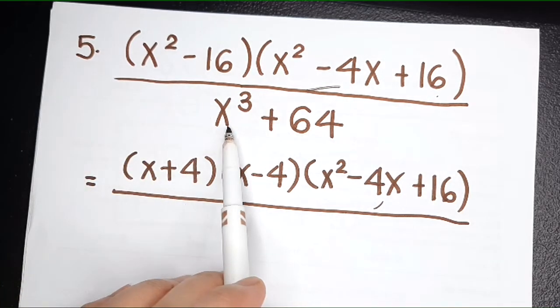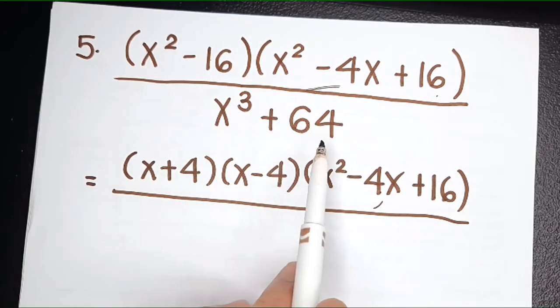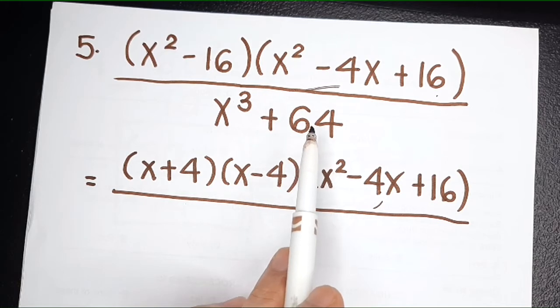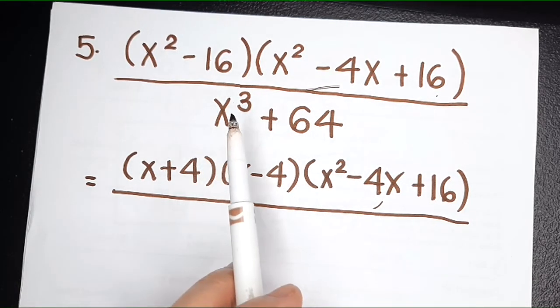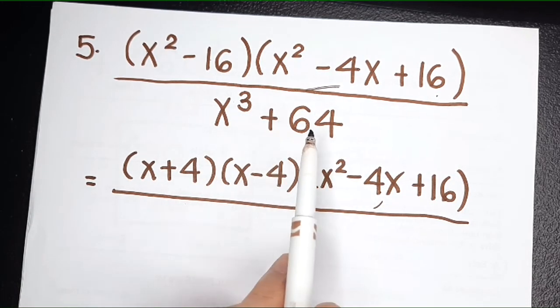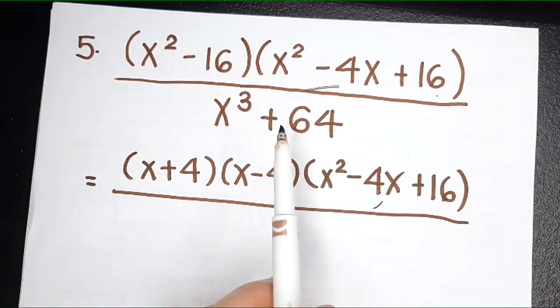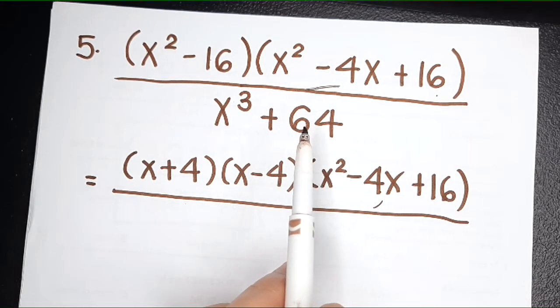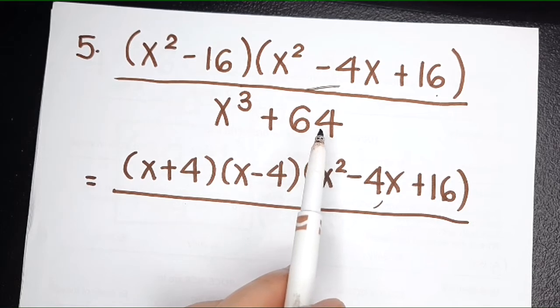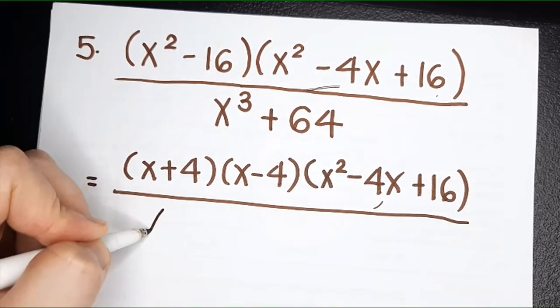And yes, this is x cubed, and you can write 64 as 4 cubed. So that's why you have x cubed plus 4 cubed. Kasi 4 cubed is 64. 4 times 4, 16. 16 times 4, it's 64.